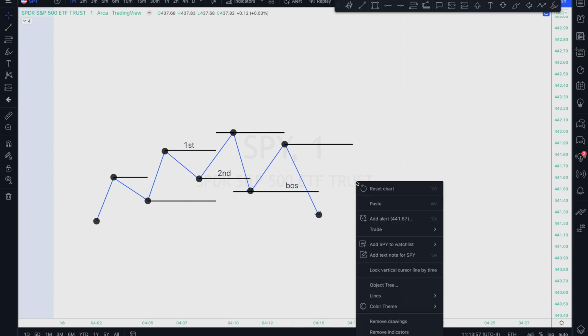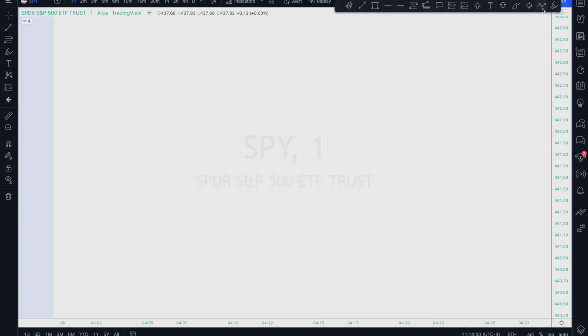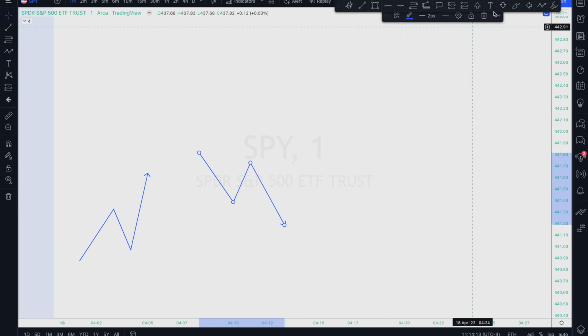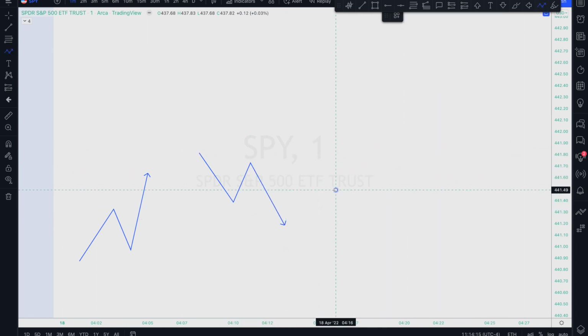And also, I wanted to make sure you're seeing your range markets. So I'm going to do a quick dive through one more time, right? Uptrending market. Downtrending market. And then we have a range market.